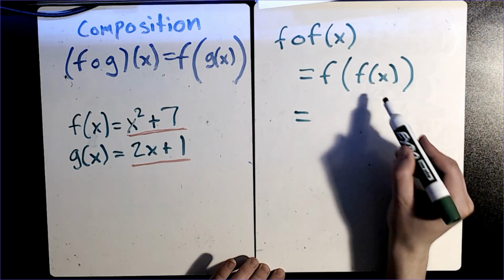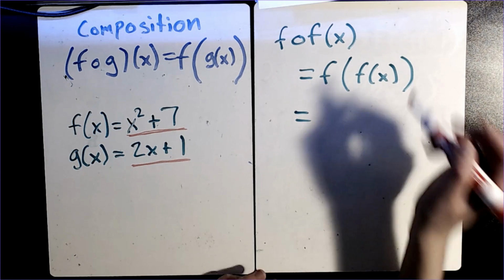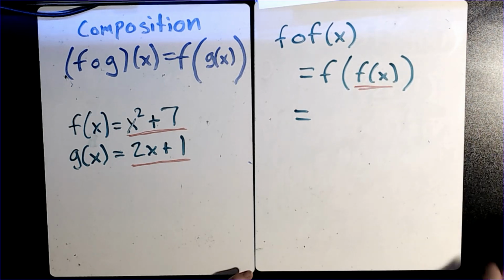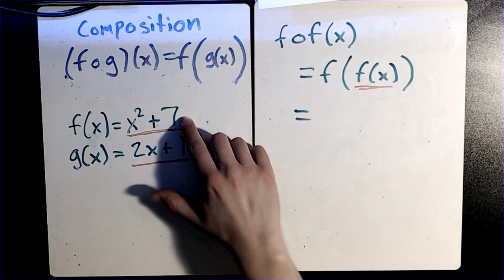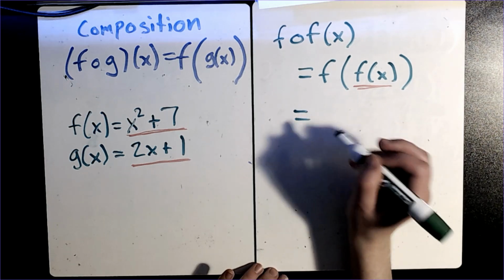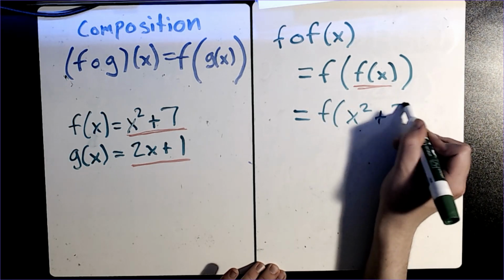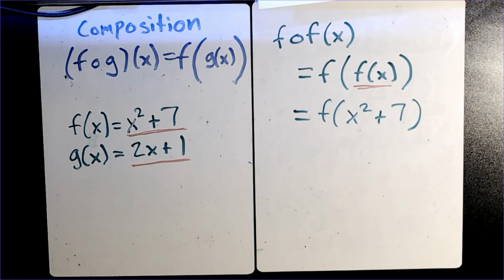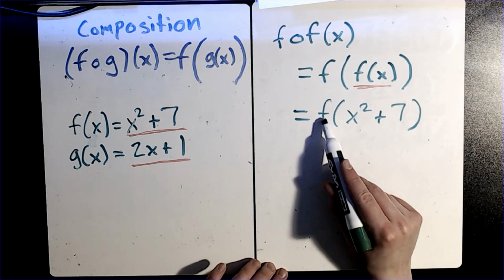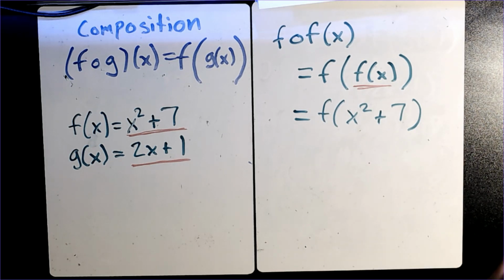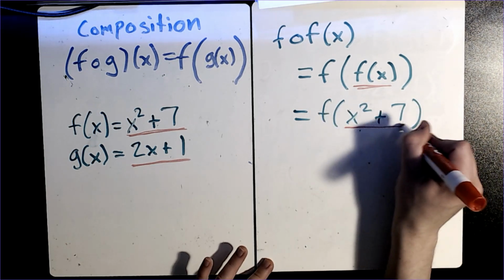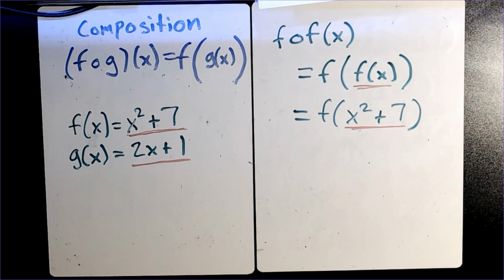So we first figure out what's f of x, this inside part here. Okay, f of x is x squared plus 7. So let's put it in there. And then we want to do f of this. Remember this part in here is what we replace x with, right?